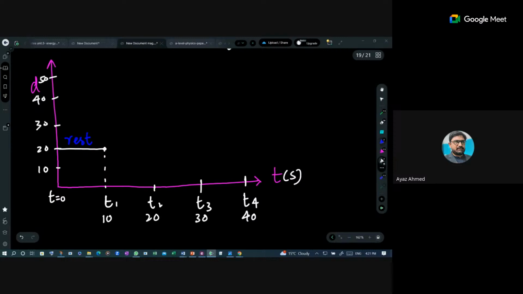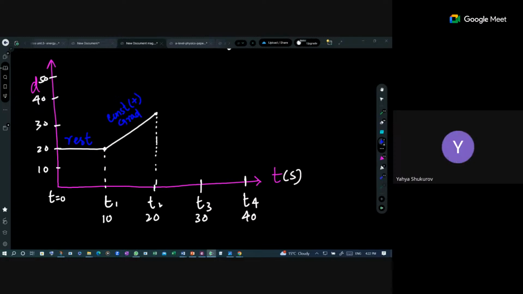Then the object moves from one point to another. From 10 to 20 seconds, the distance-time graph has a constant gradient. What is the gradient of this graph? Constant, increasing, positive gradient.